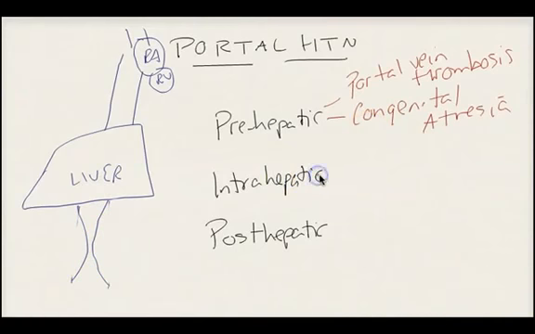Now, intrahepatic causes can be many. The way you need to think about this, instead of just memorizing everything, is to think about anything going on inside the liver that can take up space, that can make things harder, or solidify the tissue within the liver. Now, the most common culprits will include cirrhosis and hepatic fibrosis.